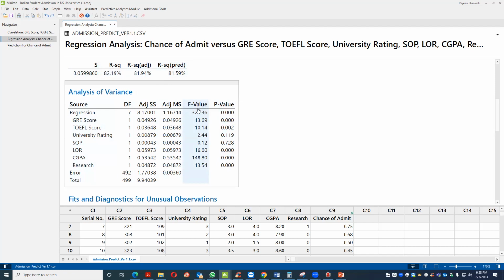So for regression, this is the F value. For GRE score, this is the F value, because we are doing ANOVA, analysis of variance, which is used when you have more variables. When we deal with more than two variables, we use multiple ANOVA, and the F value is used. So the F distribution is useful.